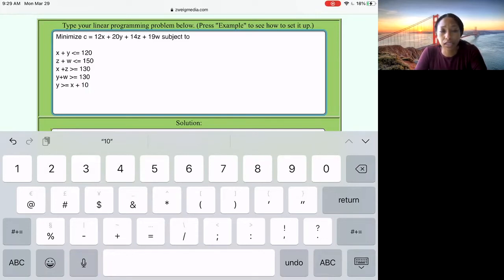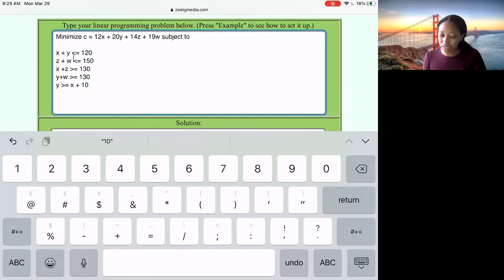Everything looks good here. X plus y less than or equal to 120. Z plus w less than or equal to 150. Because those are the constraints that we have from each plant on the number of units we can produce. We need 130 of desks and tables, and y is at least 10 more than x.